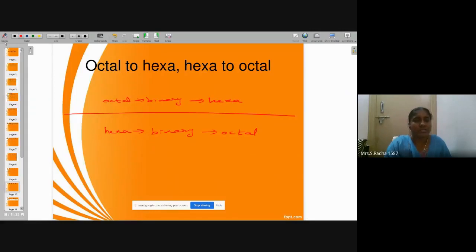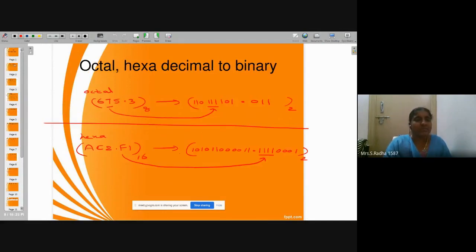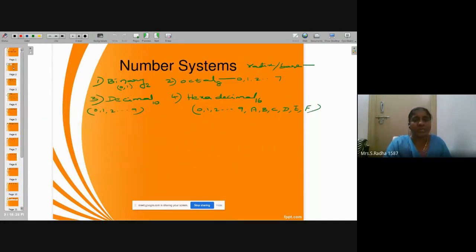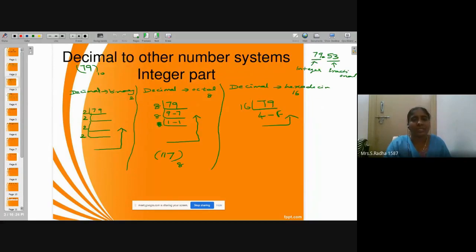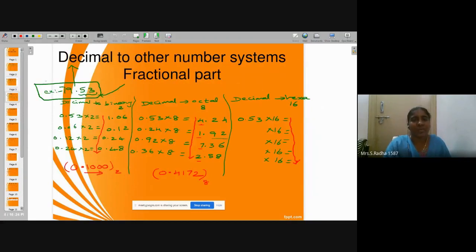So what all we have seen? I have completed up to slide number 8. If you see number systems, we have checked how to convert decimal to other number systems, only integer part, then only fractional part, what should be the procedure.